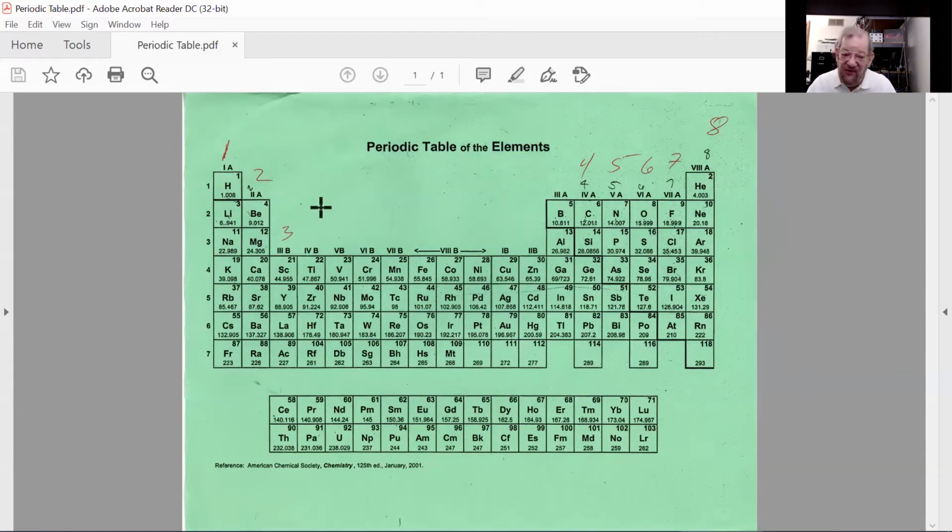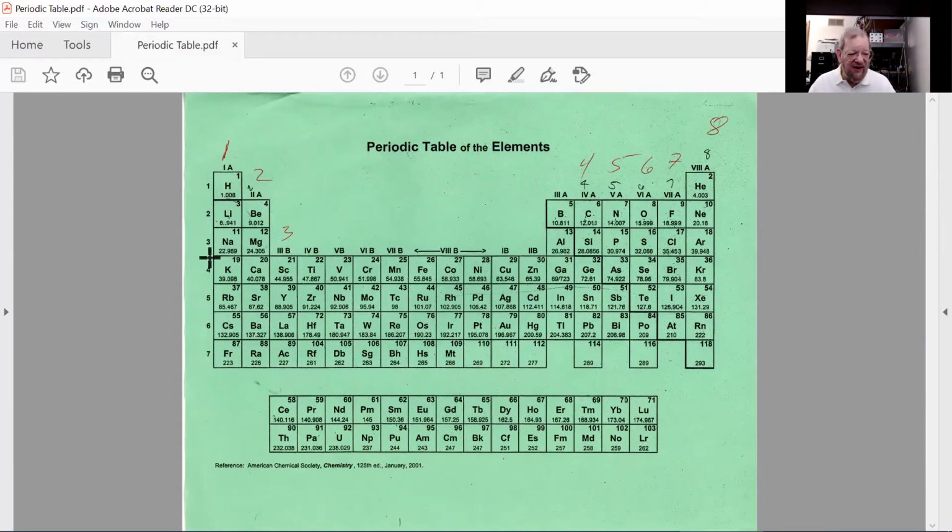And for test 2, this is the periodic table you'll use again. And if we look at sodium, the Roman numeral, and I also put down the numeric number because I found out about 2 years ago that a number of my students didn't know Roman numerals, which are what these are. And 1 tells you sodium has 1 valence electron.